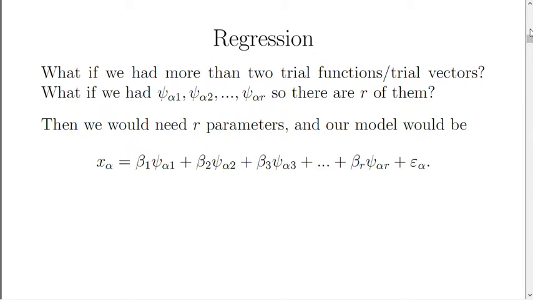Well, in that case, we would need more parameters. And our model would be that x sub alpha is beta 1 psi sub alpha 1, plus beta 2 psi sub alpha 2, plus beta 3 psi sub alpha 3, etc., up to beta sub r times psi sub alpha r, plus a random term.